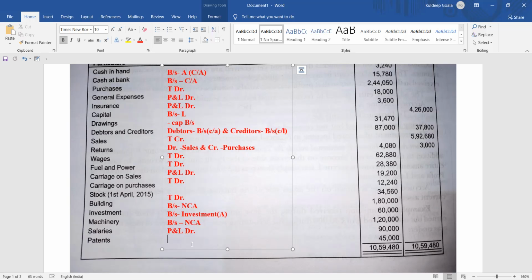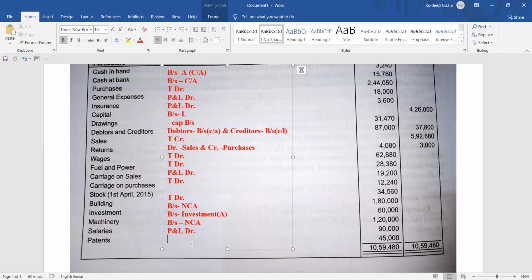This formula I can buy from him by paying lakhs and crores of rupees. Say I invest 1 lakh, then I'll get the patent, the right to make use of this technique, and I can make electric bikes.